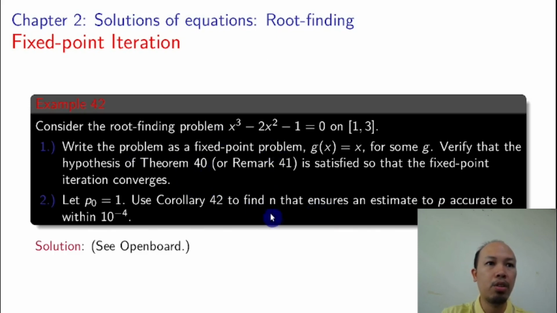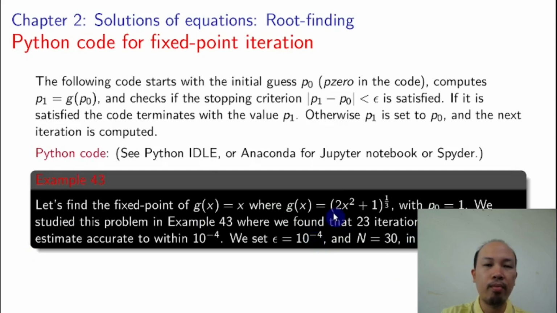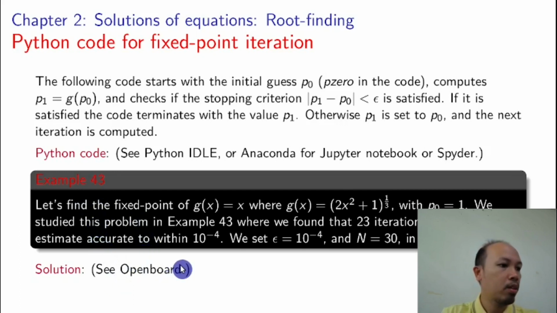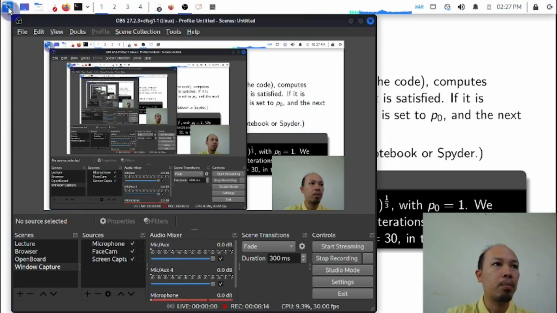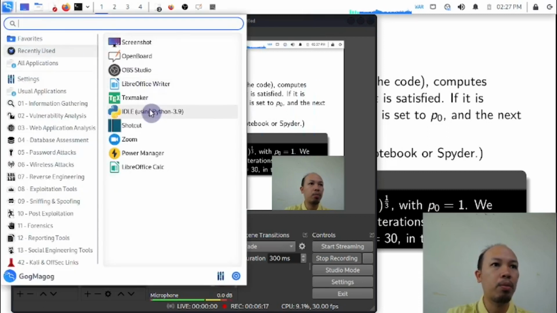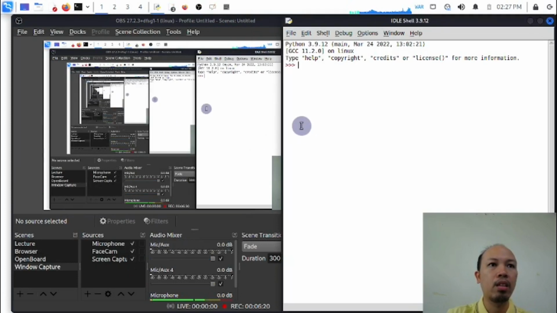Okay, the computation by hand. So let's apply the Python code for the fixed point in example 43. I'm not going to solve this by hand, since we already discussed it in example 42. So let's go now to our Python IDLE.